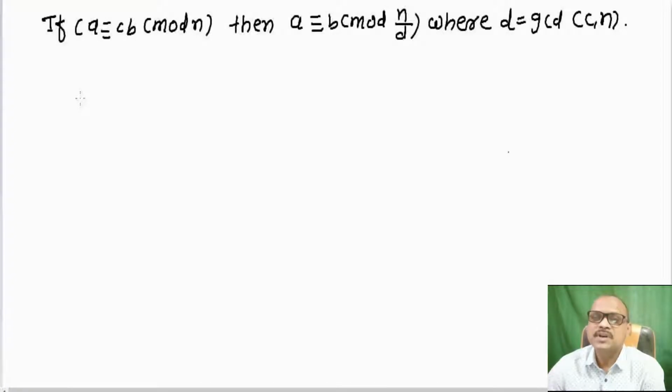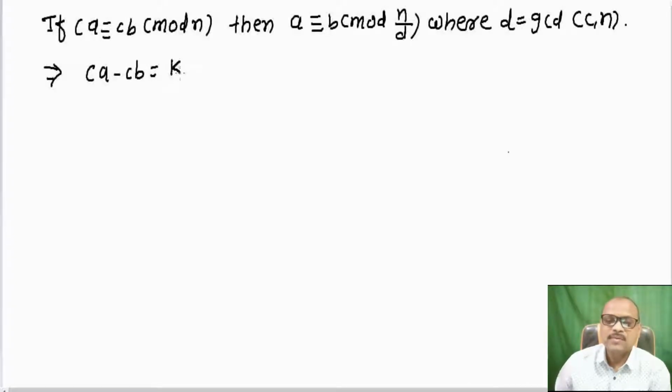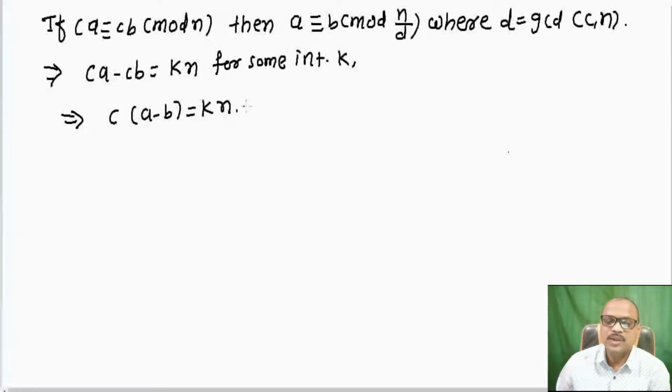So let us prove this result. It is given that ca is congruent to cb. This means by definition that ca minus cb equals k times n for some integer k. Taking c common, this implies that c times (a minus b) equals k times n.